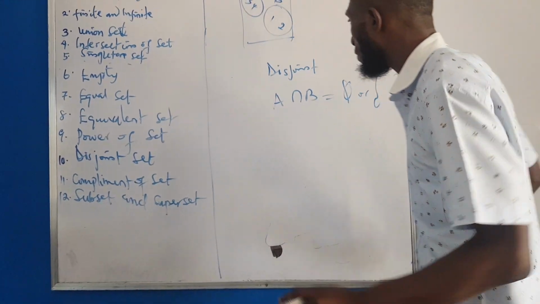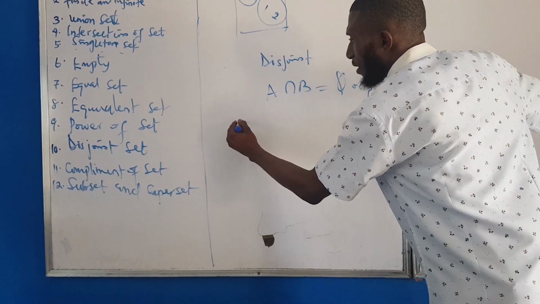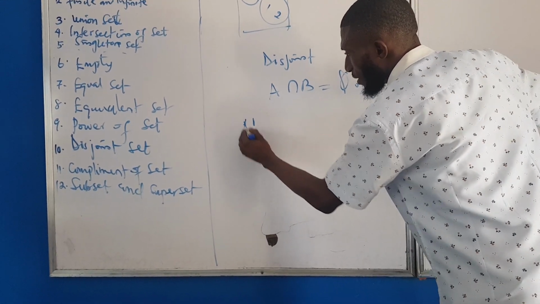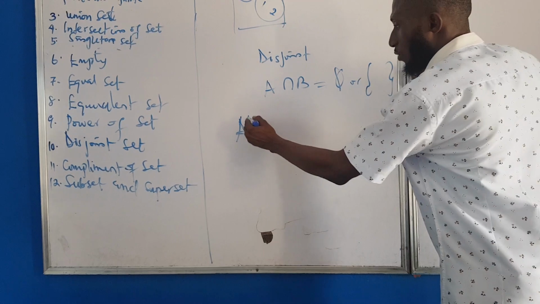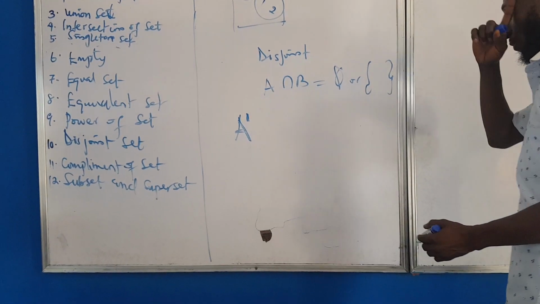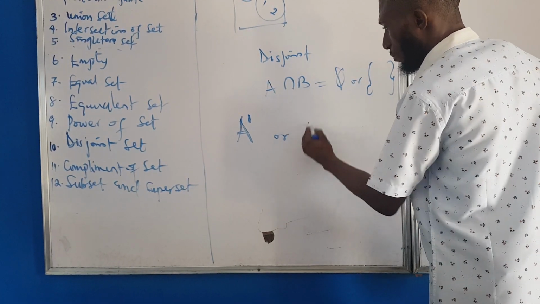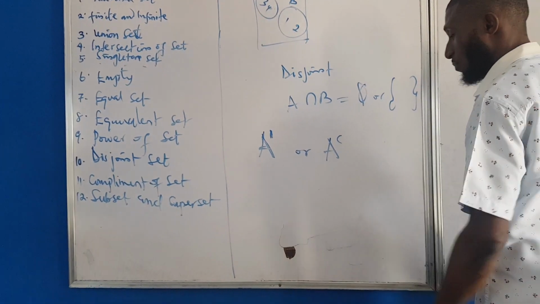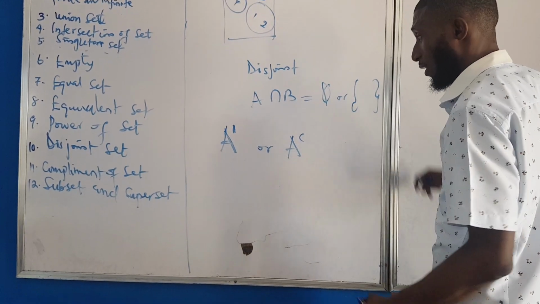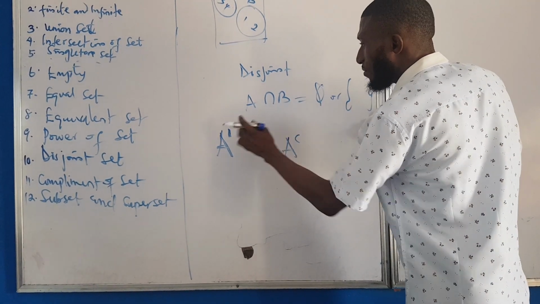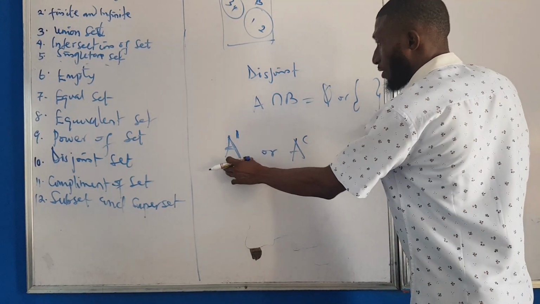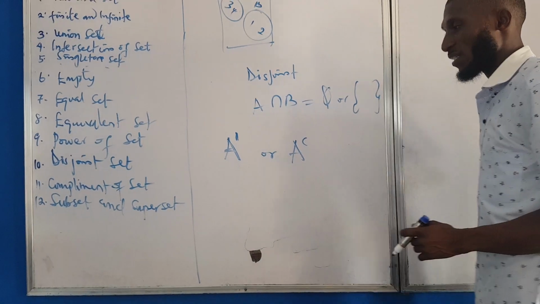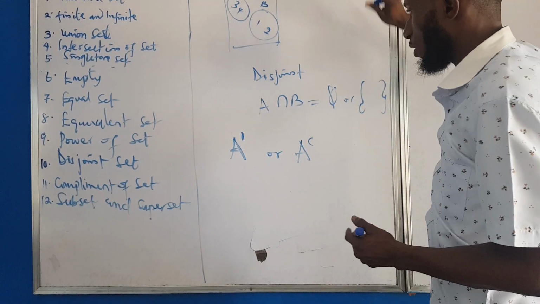Then complement set. The complement of a set is always written in this form. We denote it by a prime on it, or by a small c as the power of the set, and it's just the elements that are left for a particular set to become the universal set, the whole set.